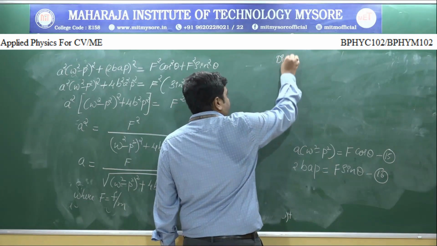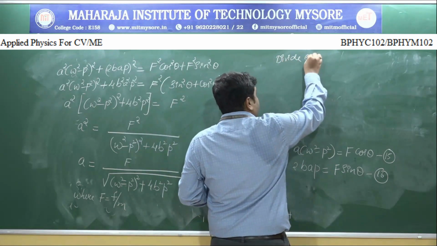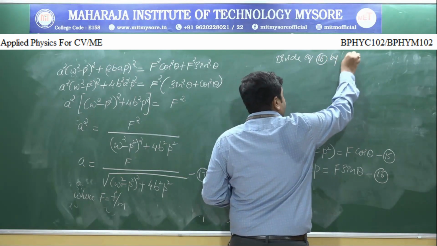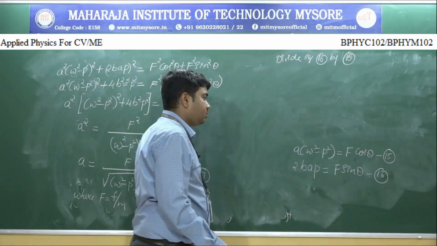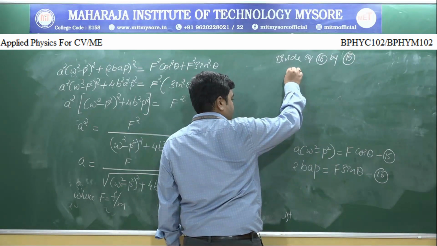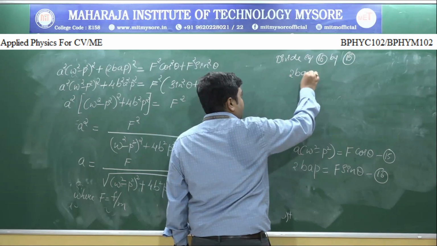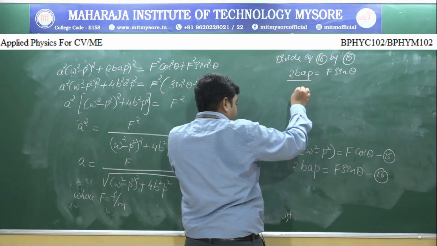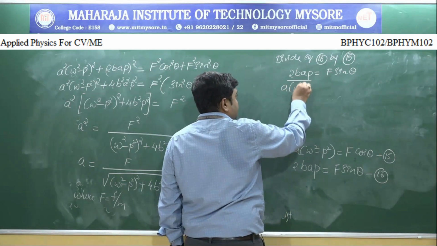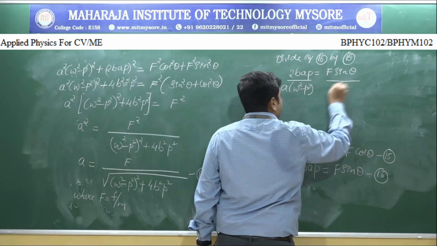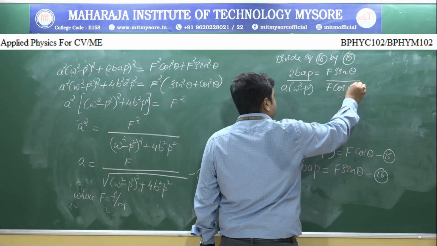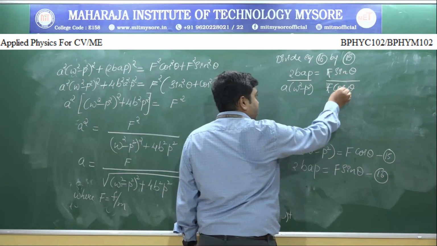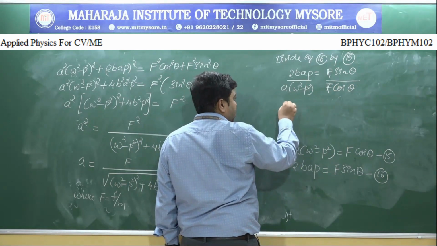So divide equation 16 by 15. We get 2bAP is equal to F sin θ divided by A(ω² − p²) divided by F cos θ. So F gets cancelled. So sin θ by cos θ, I will just rearrange it.